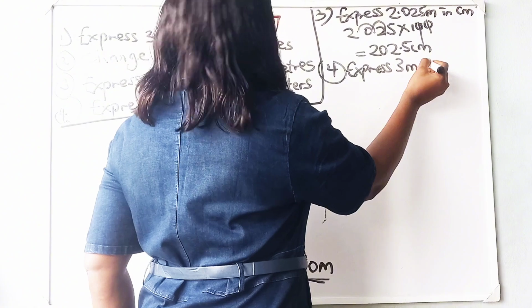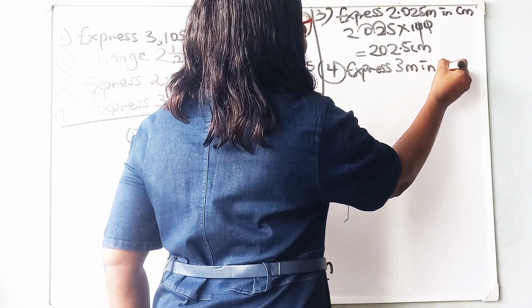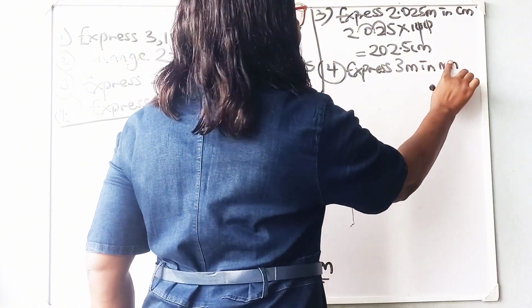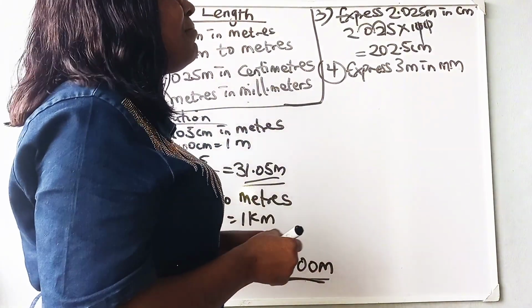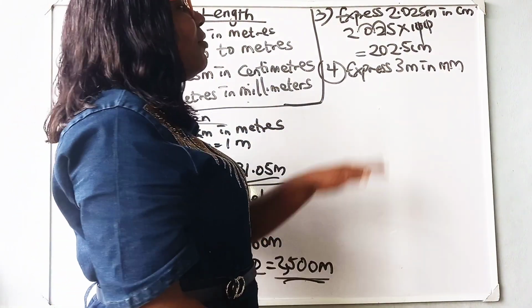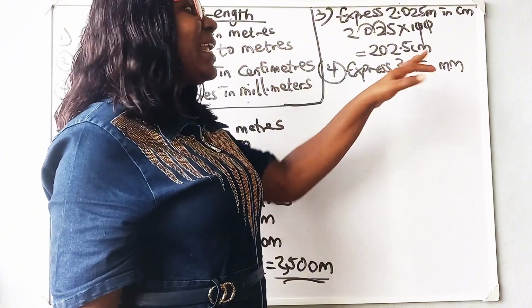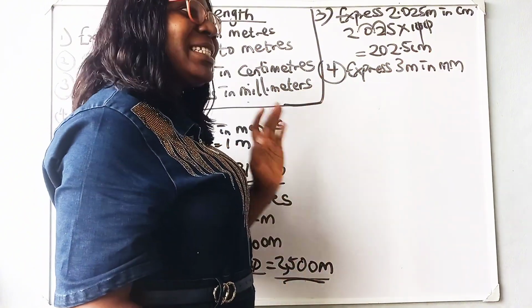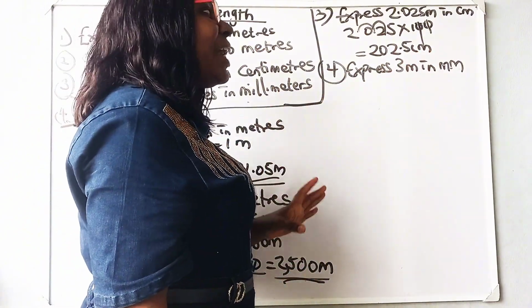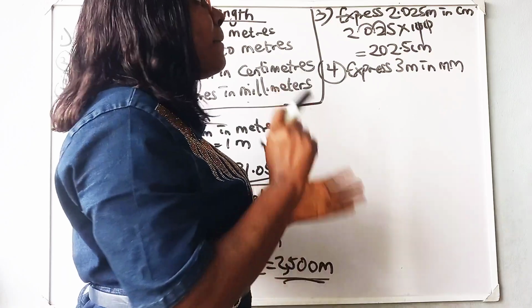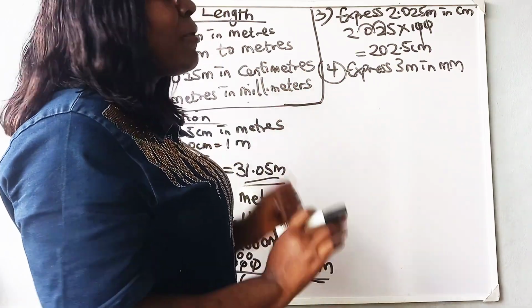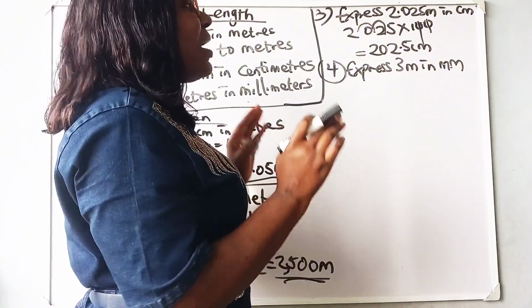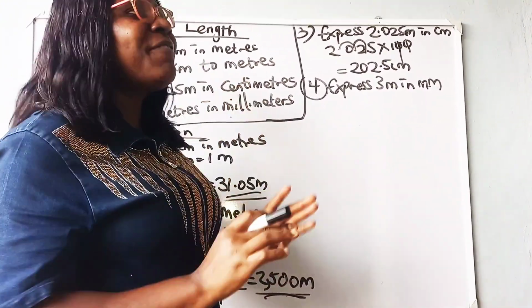Okay, now the last but not the least says express 3 meters in millimeter. Okay, now meter is bigger than millimeter. So in this aspect, like I said earlier, when you're converting from a bigger unit to a smaller unit, you're going to what? Multiply. But first of all, you're going to ask yourself, how many millimeters will give me 1 meter?